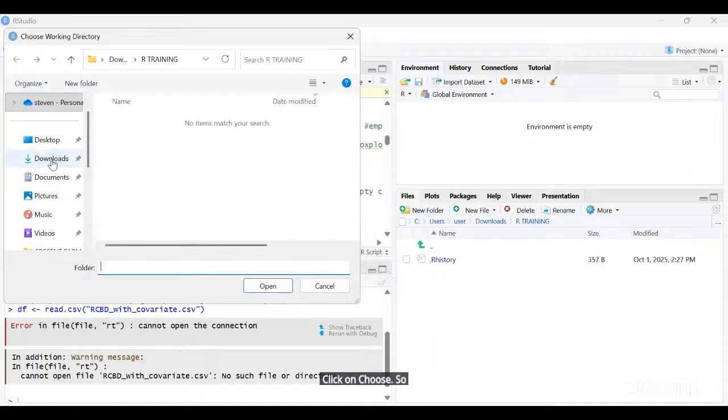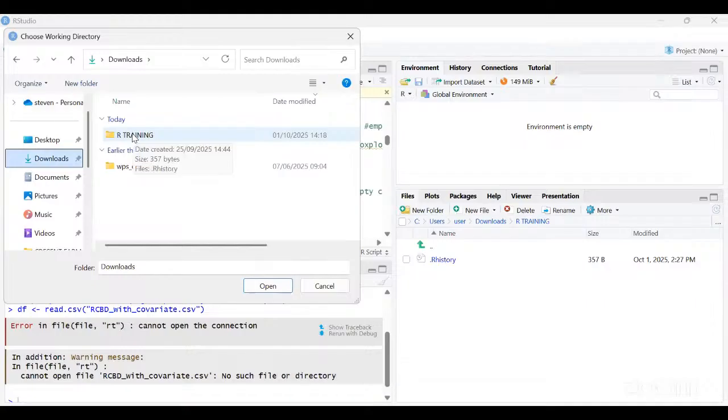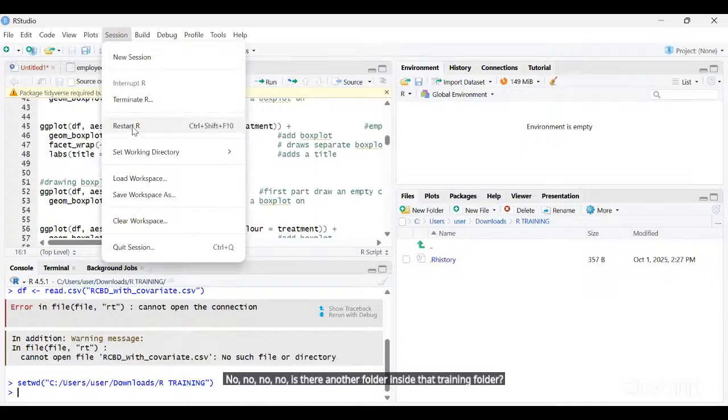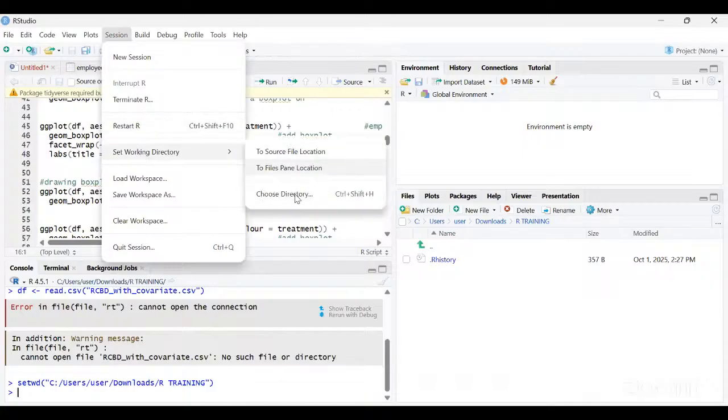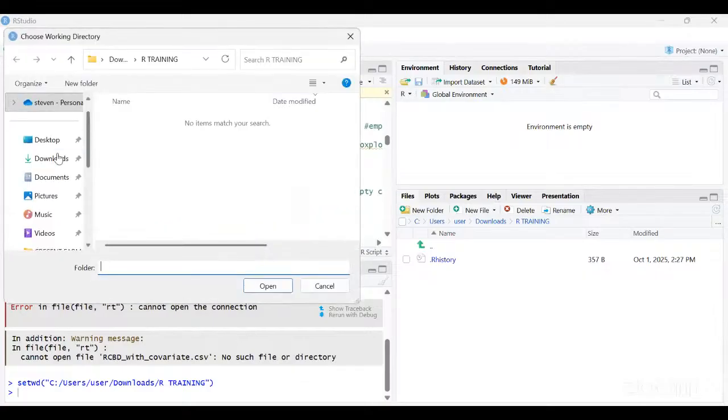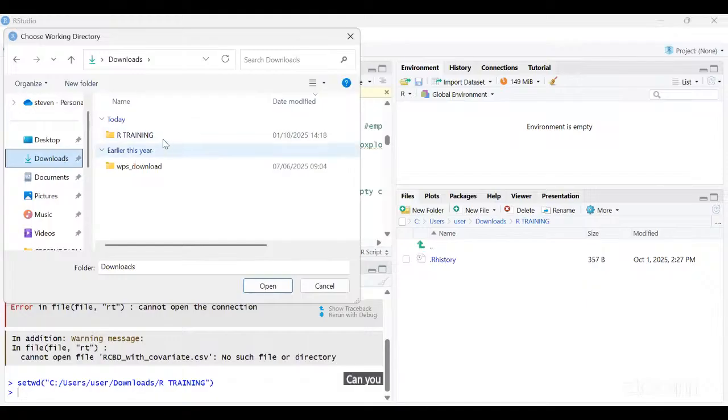So where is the folder? Is there another folder inside there? Is there another folder inside that training folder? Can you open that? Double click on that.